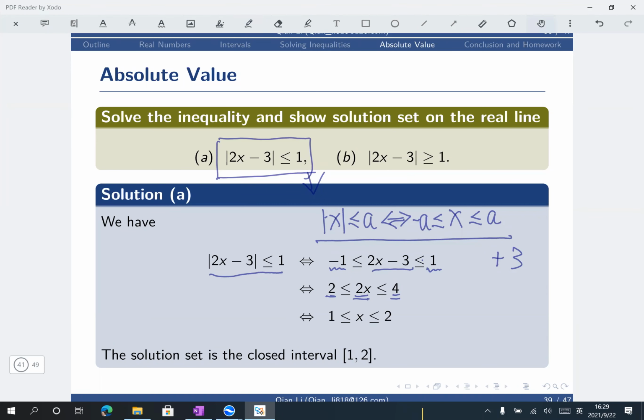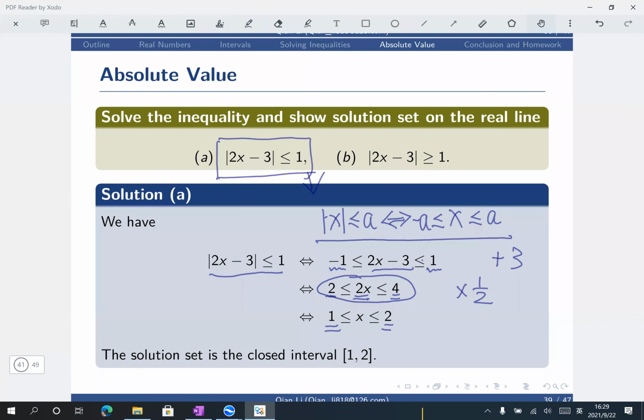Yes. Then for this inequality, we divide by 2, or multiply by 1 over 2 on both sides, and we get x is larger than or equal to 1 and x is smaller than or equal to 2, right?